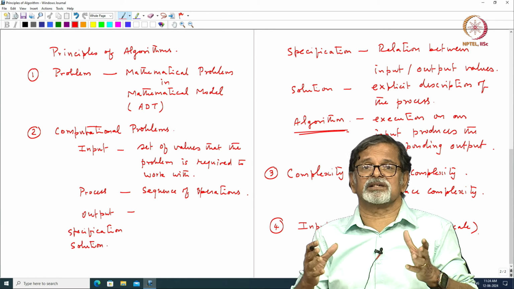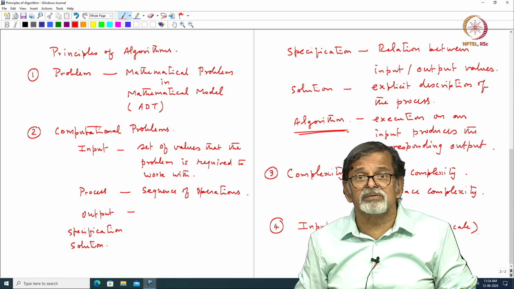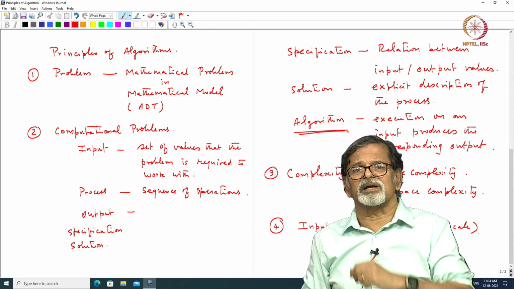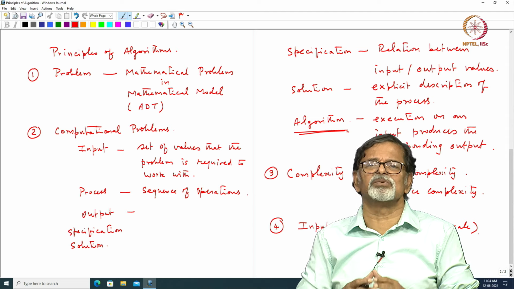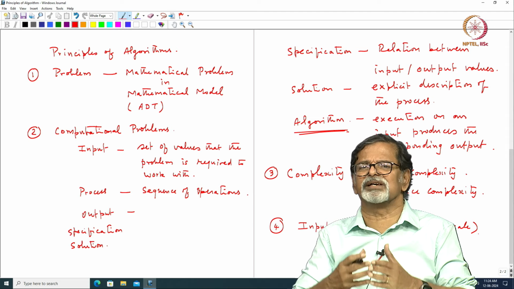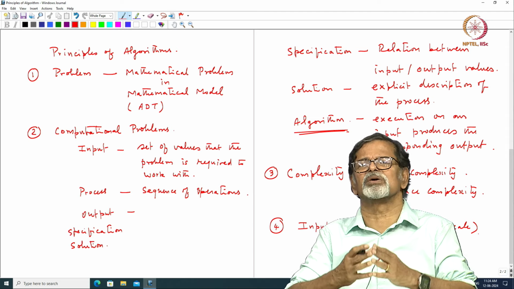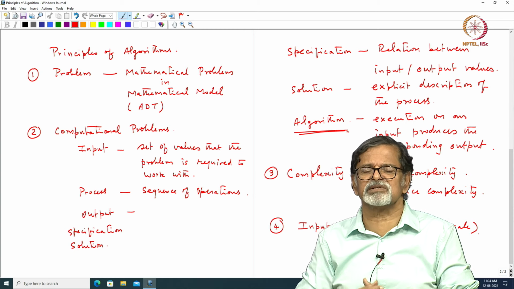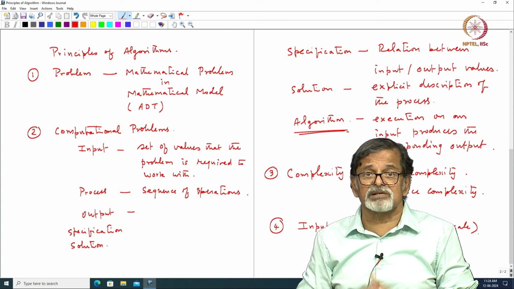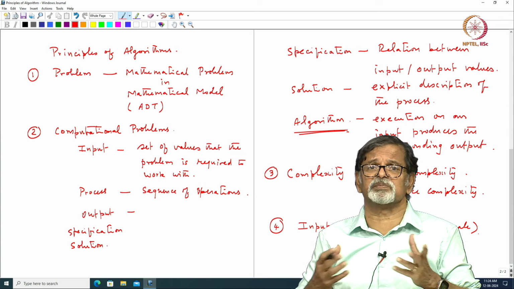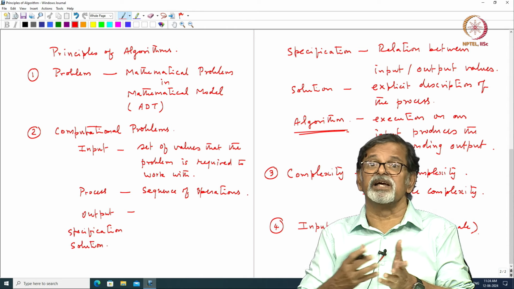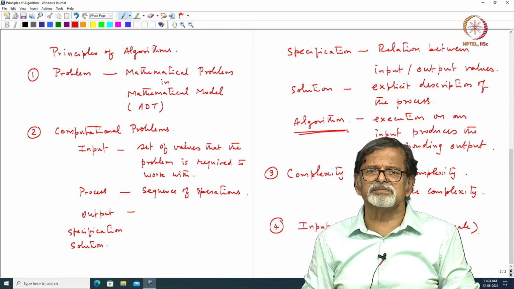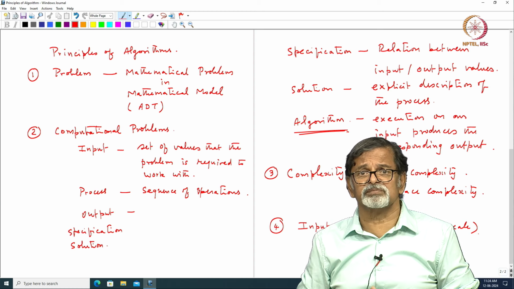Let us take a simple example of sorting. You want to sort an array of numbers. You want to sort a list, it does not matter. Suppose you want to sort 1000 numbers. Sorting as a problem can be specified as arranging the numbers in increasing order. How many numbers do you take up?